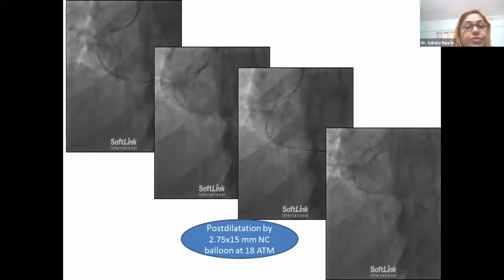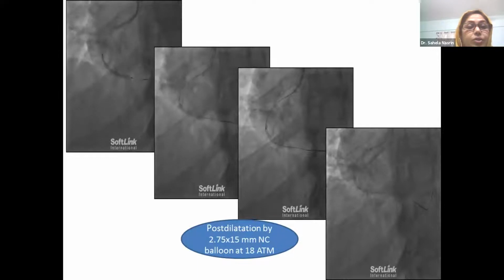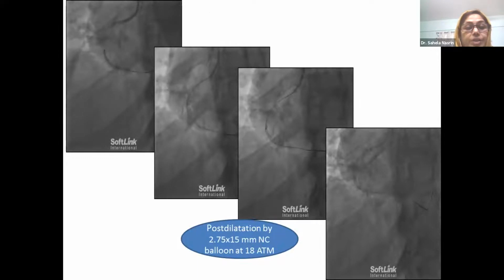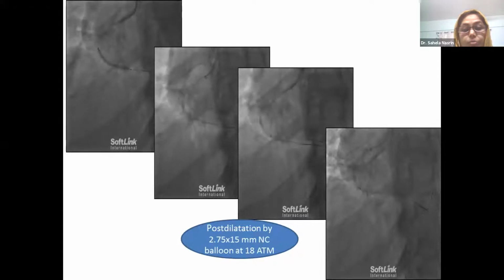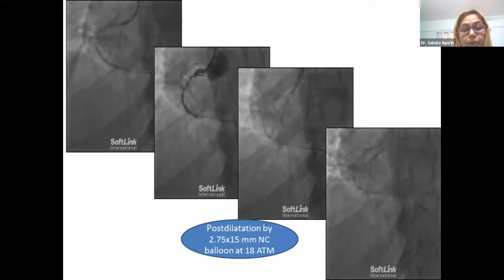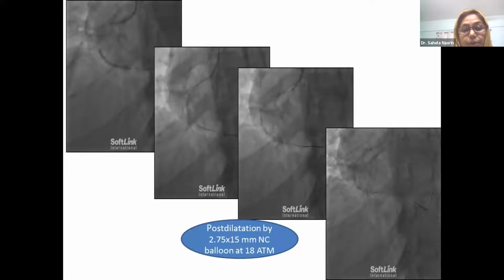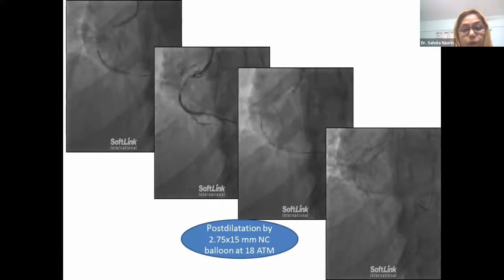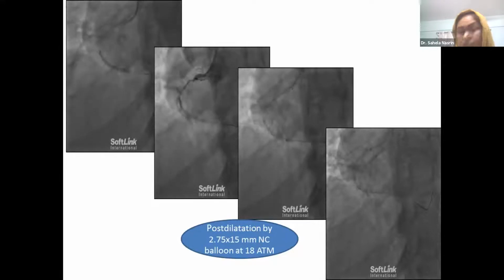Initially, it was difficult to deploy the stent, and finally, we succeeded to deploy the stent. Then post-dilatation was done by 2.75 into 15 millimeter NC balloon up to 18 atm.